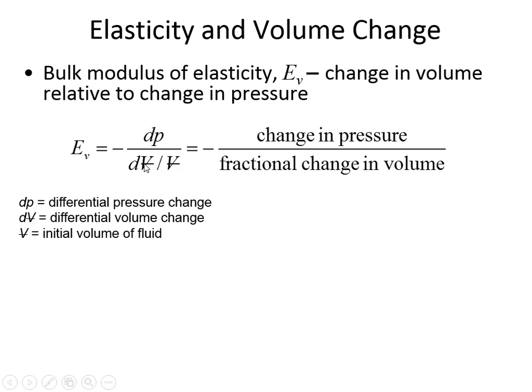And this V with a cross through it, that's sometimes used to indicate volume because there's actually a lot of different V's in fluid mechanics. There's velocity is a main one, and volume. And so the V with a cross through it you can usually interpret to mean volume.